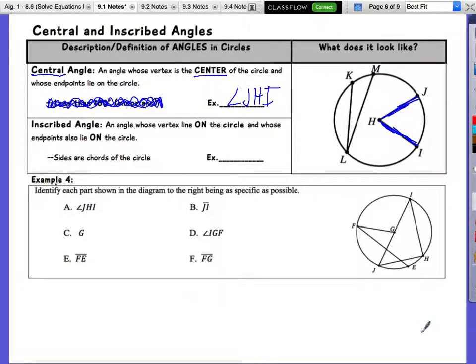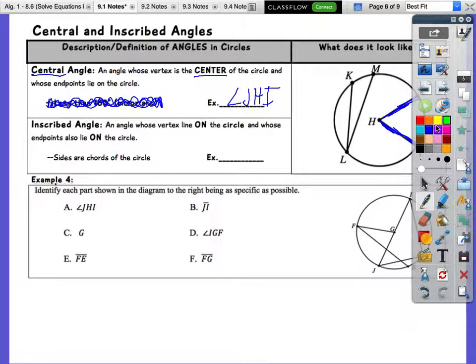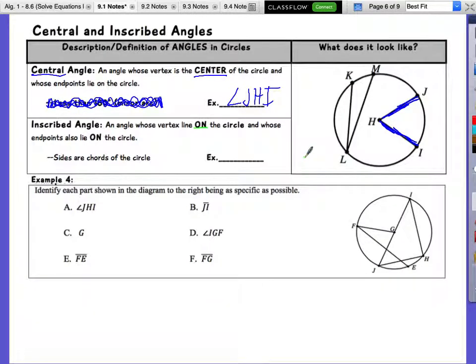An inscribed angle is an angle whose vertex lies on the circle and whose endpoints also lie on the circle. So the sides of it are the chords of the circle. Angle KLM would be the inscribed angle here. The vertex is on the circle and it also intersects its endpoints on the circle too.